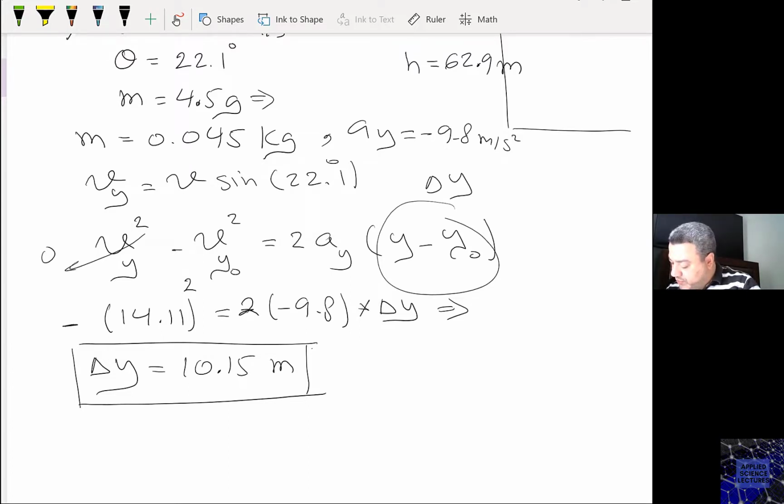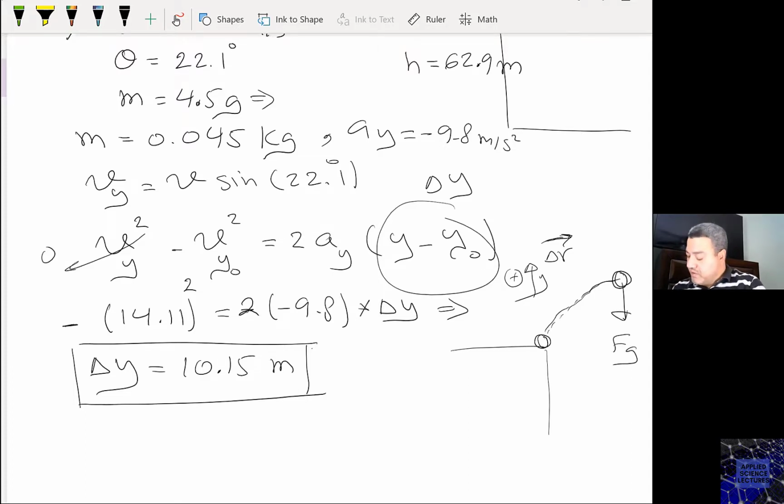So if I look at this again, the ball was here, then this is the maximum, right? So the displacement was in this direction. You can look at this in delta r, the vector is in the y direction here. So this is y. And I have the gravitational force, Fg, pointing downward.